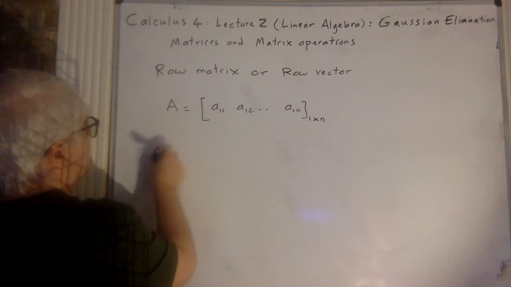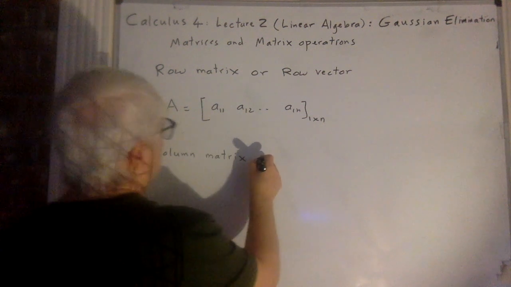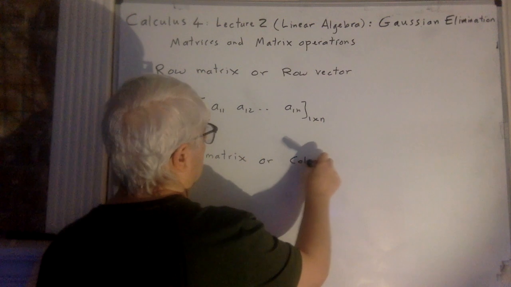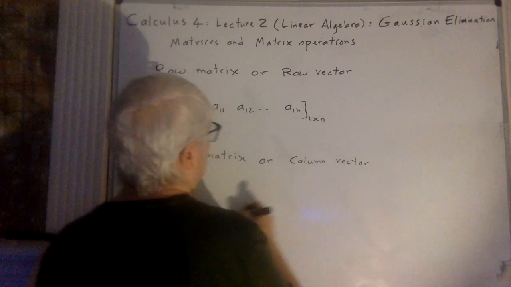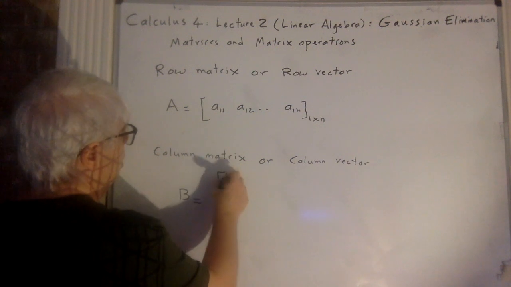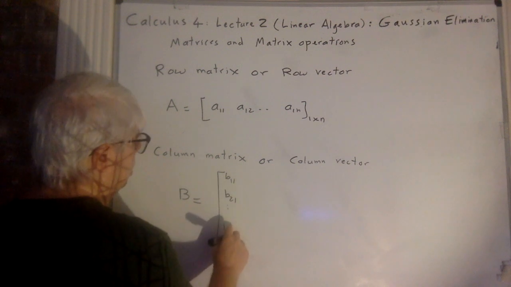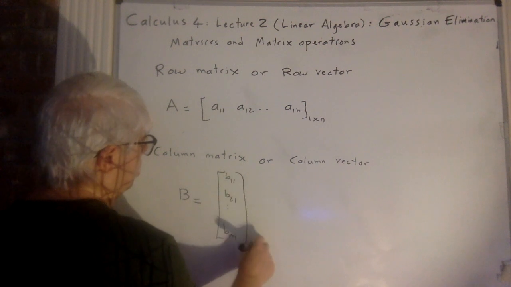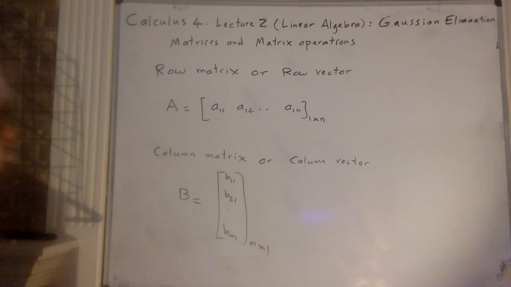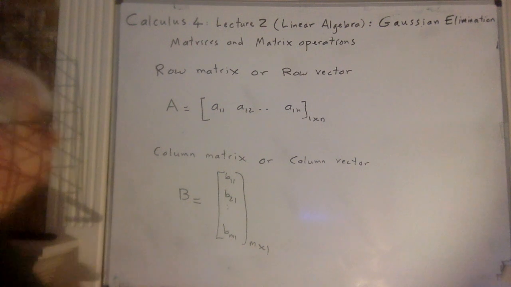A column matrix, or column vector, is say it's just called B, B11, B21, and so on. So that one belongs to matrices with that dimension, and this one to matrices with this dimension.